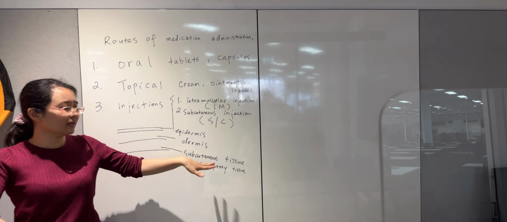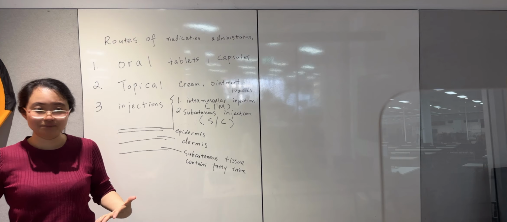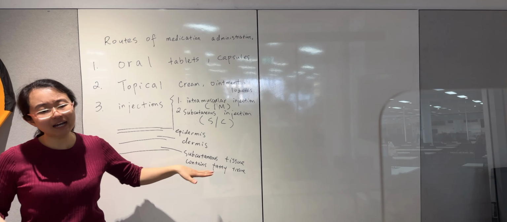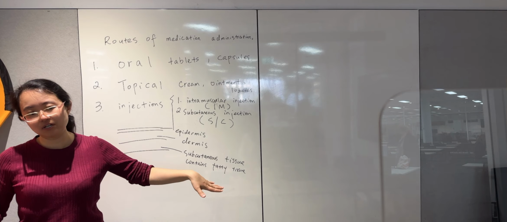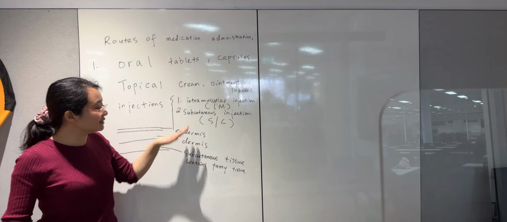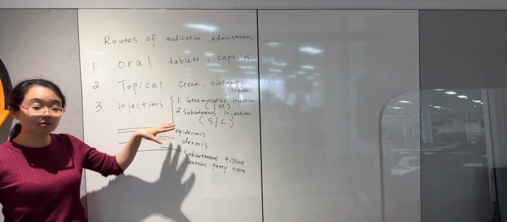It's a tissue that helps us store fat. The fatty cells are called adipose, and the fatty tissue is also called adipose tissue. So now you understand the three major layers of the skin.